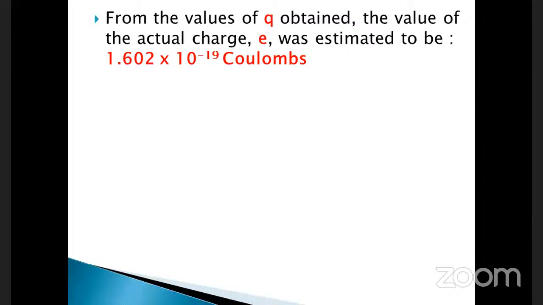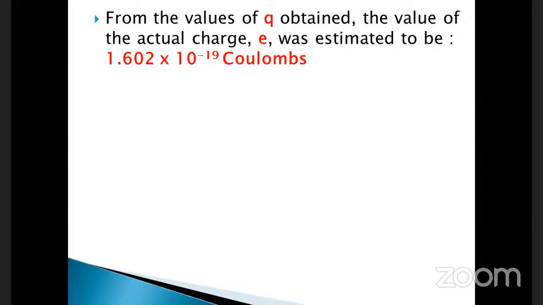By what we have explained so far, you are familiar with what exactly was done and how it came to be. Millikan determined the actual charge to be 1.602 times 10 raised to power minus 19 coulombs.